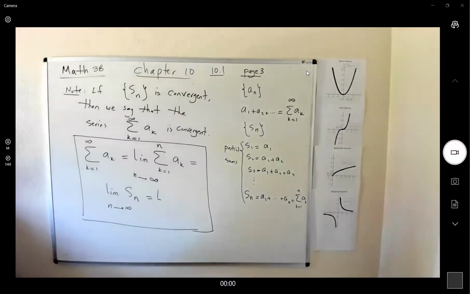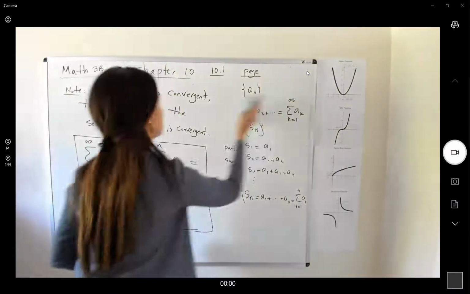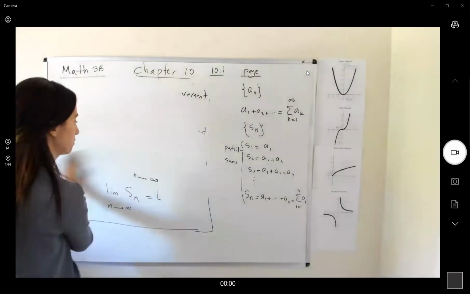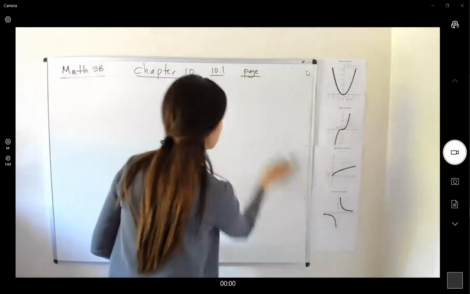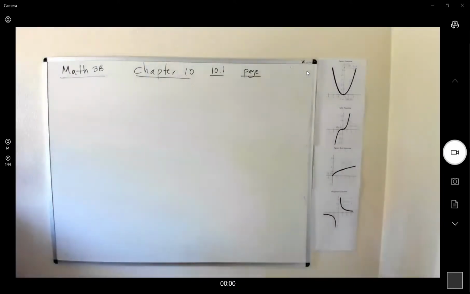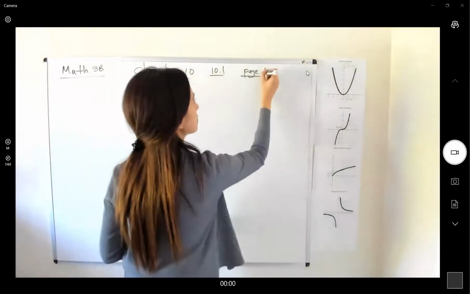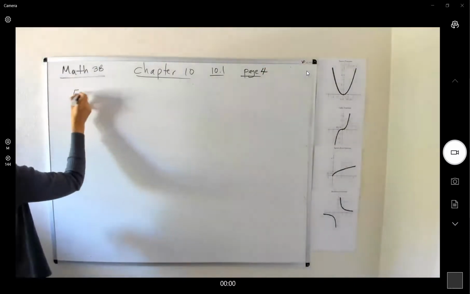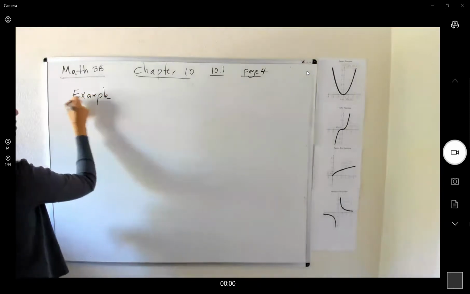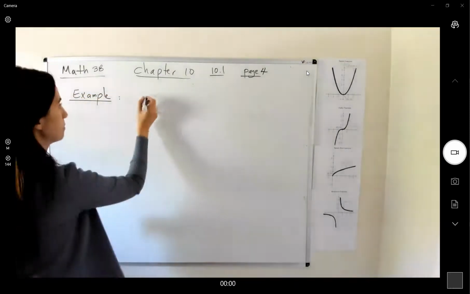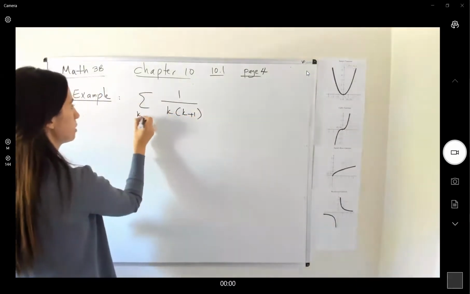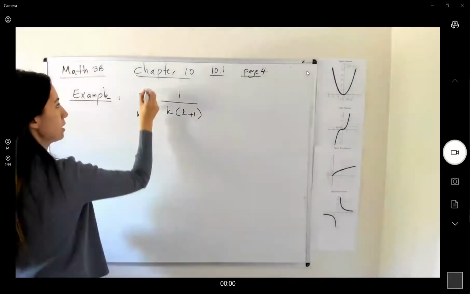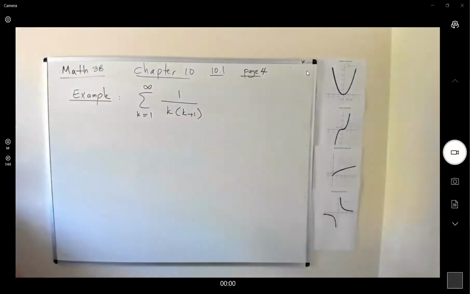Okay, let's go over some examples to see what's going on. We are on page 4 now. In this example, one series is given to you: the series of 1 over k times k plus 1, k starts from 1 and goes to infinity.